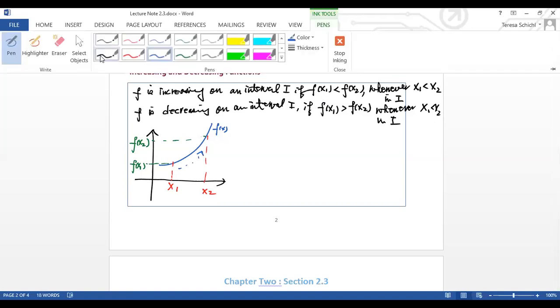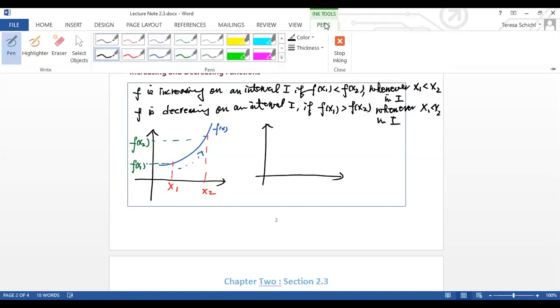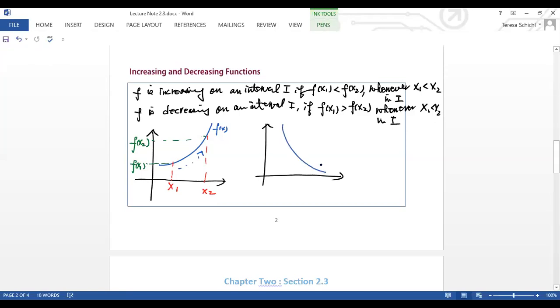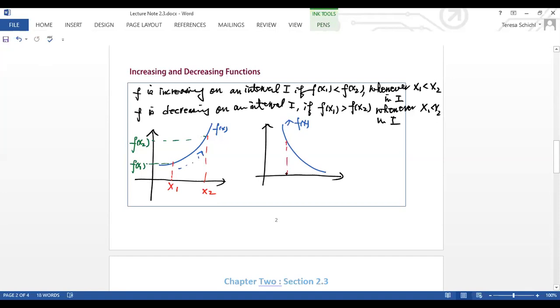Okay, so now let's take a look at a decreasing function. Let me give you an example. This is my f of x. The same way, if you have two points, this one is x1, this one is x2, so this point is f of x1, and this point is f of x2.